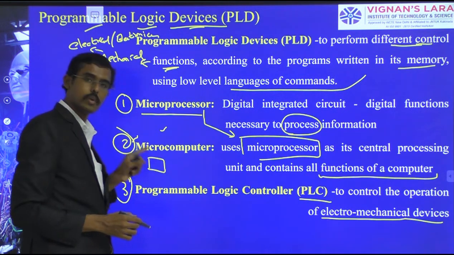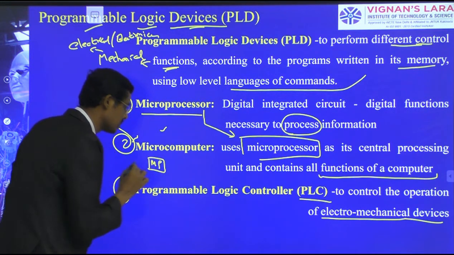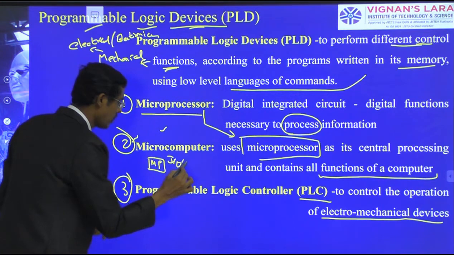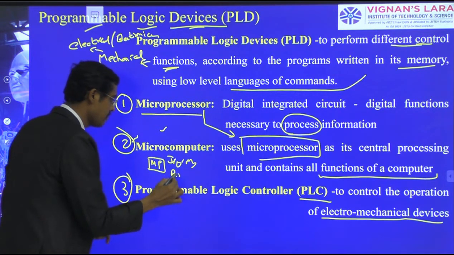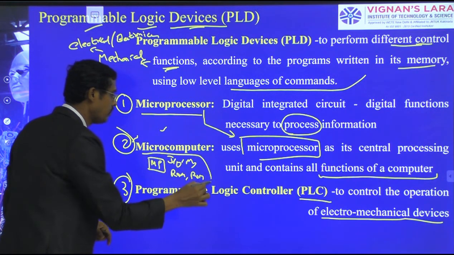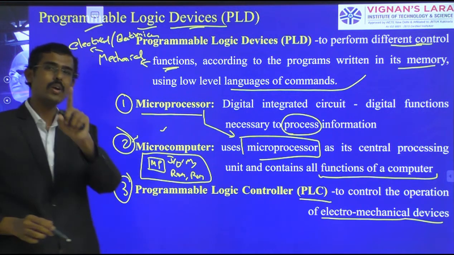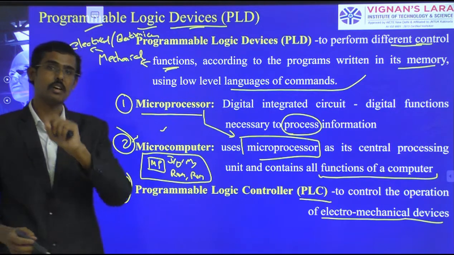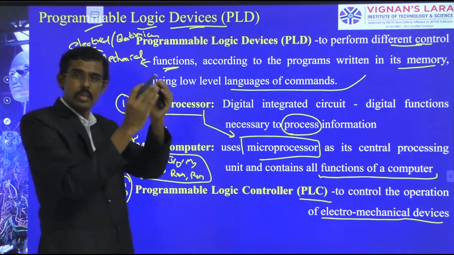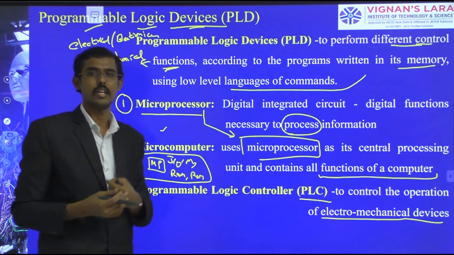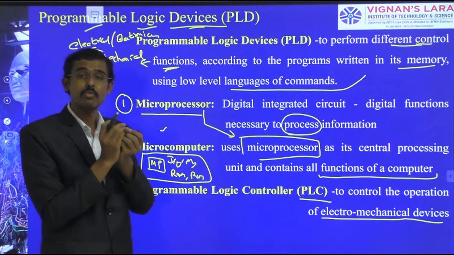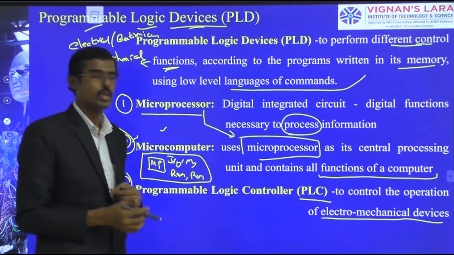Along with this microprocessor, MP, we will have inputs, outputs, and memories such as RAM and ROM, all together functioning as one for one specific task. Here we have a fixed amount of RAM and a fixed amount of ROM to store these programs.